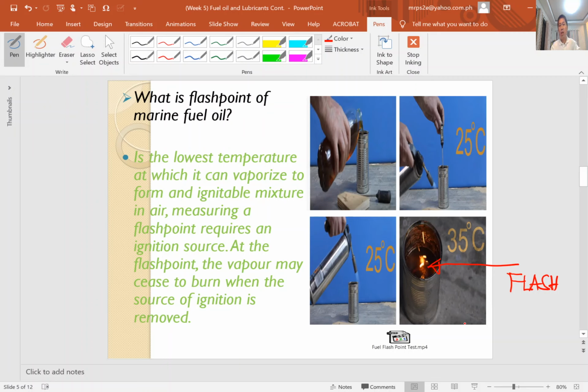Otherwise, if the surrounding, especially the tank, is too hot, more than that 35 degrees Celsius, it will ignite automatically. So it is very dangerous, as the area will catch fire or burn. That's why you need to know the flash point of a certain oil.